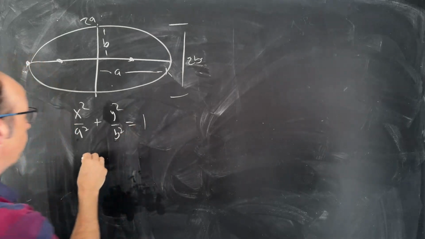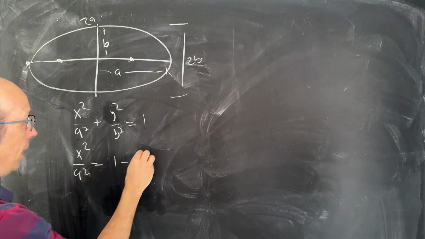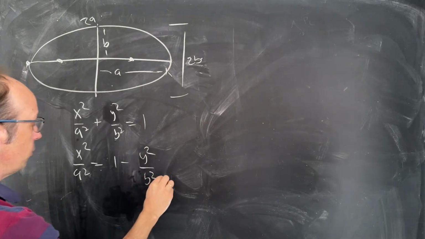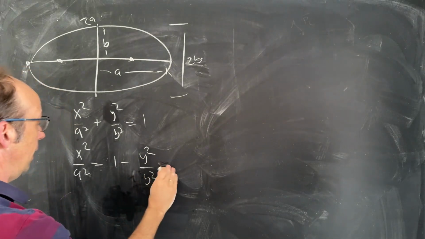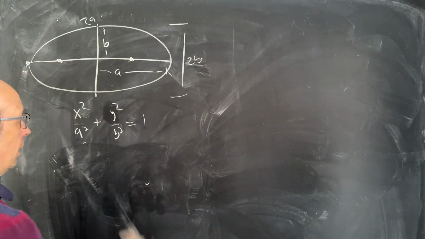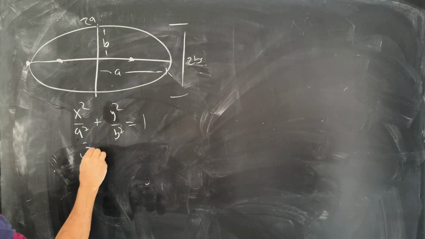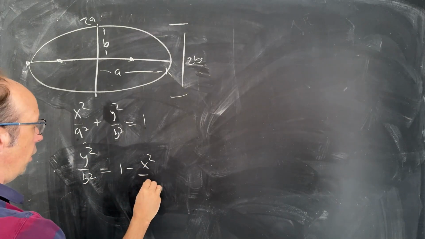So let's solve this for x. So I have x squared over a squared equals 1 minus y squared over b squared. Now I'm going to multiply both sides by a, and take the square root. No, I want to solve for y. Let's solve for y. So I have y squared over b squared equals 1 minus x squared over a squared.